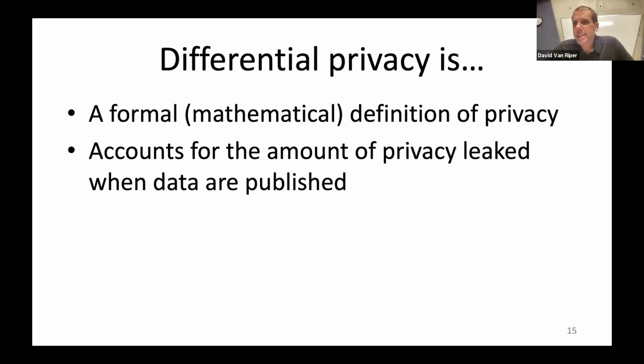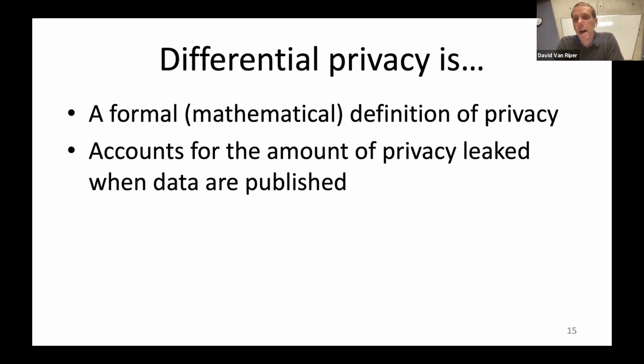It's essentially a way to account for the amount of privacy that is leaked when data sets are published. It's pretty technical and quite mathematical, and even I, after two years of studying it, don't fully understand the math behind the concept.